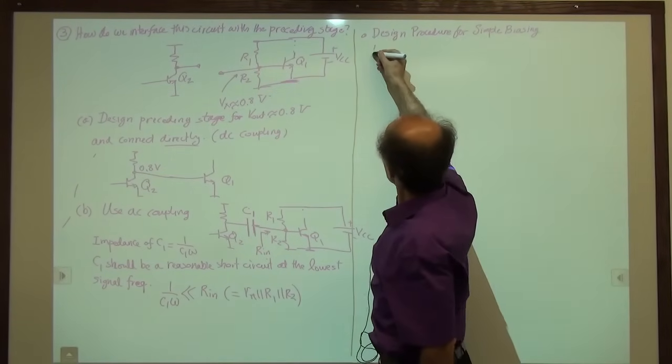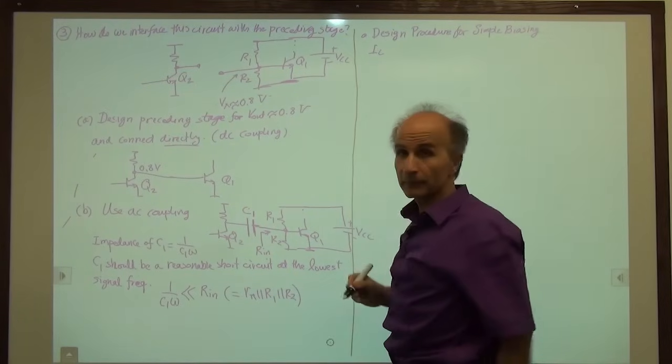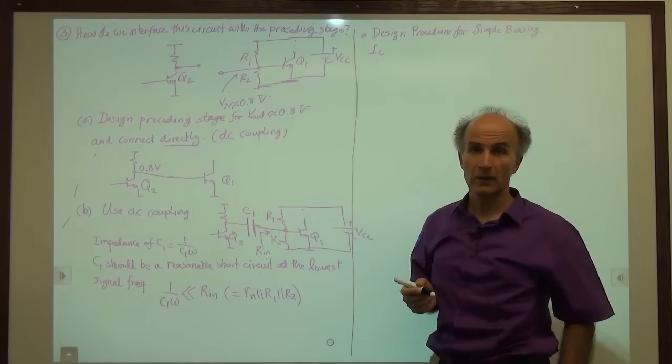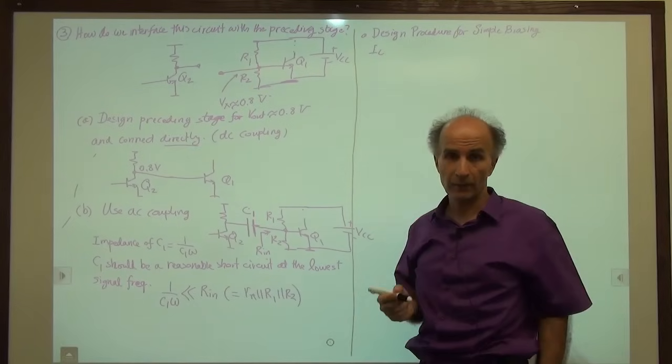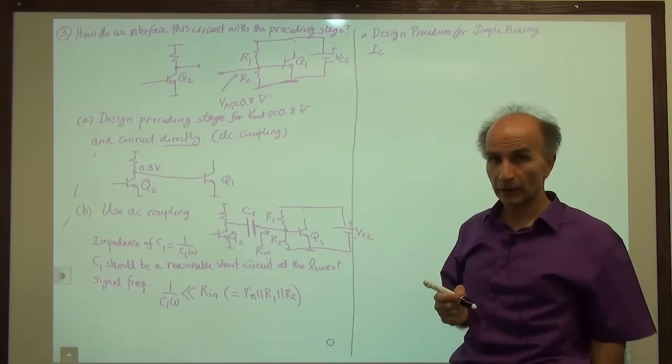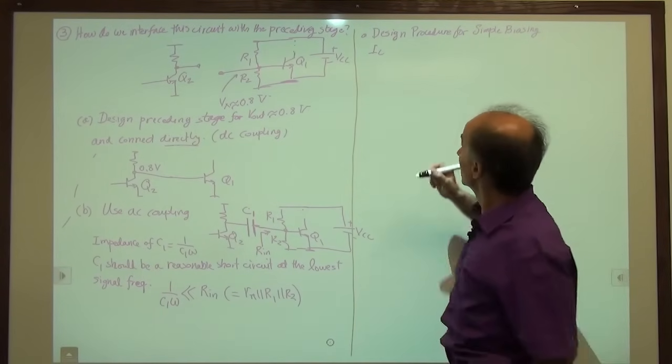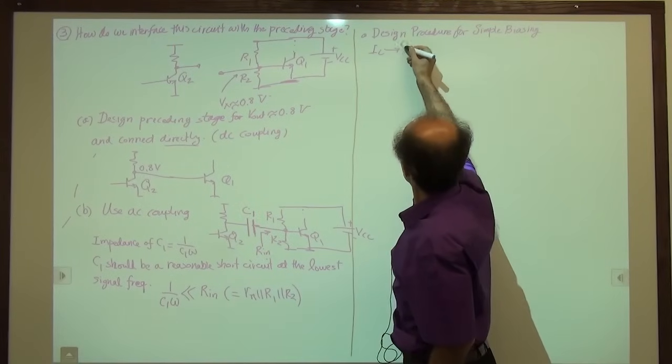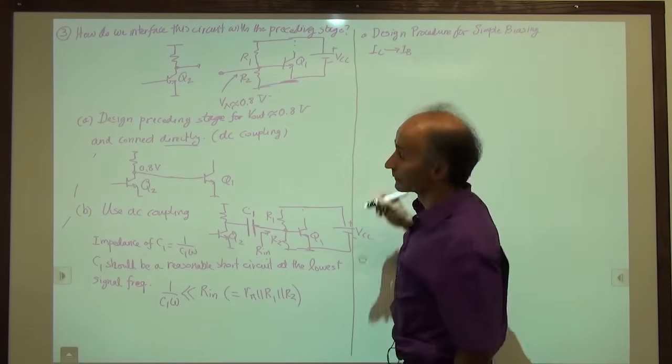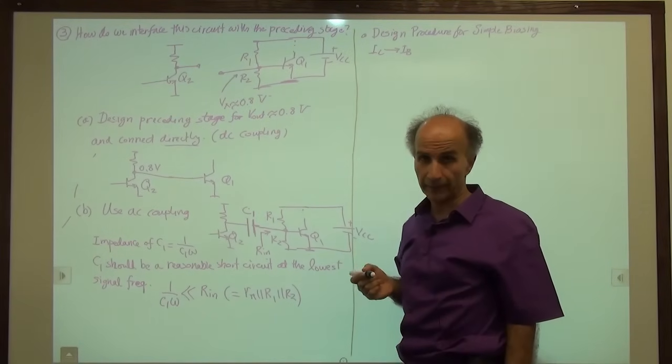We have a certain collector current in mind, right? We are given it. It comes from power budget, comes from other things, but we know the collector current that we need, the bias current. That means that we know the base current of the device. We just divide by beta.